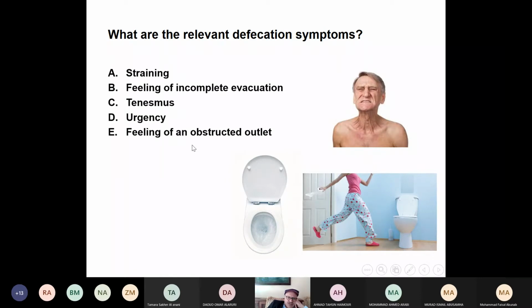So any pathology in the rectum or near the rectum will give the desire. In cases of pathology, the sensation is not caused by the increase in the intraluminal pressure by the stool. It is caused by the pathology, whether it is inflammatory, infectious or non-infectious, or a tumor, or a problem in the capacity of the rectum. So the more you have defecation symptoms, the more the problem is distal.